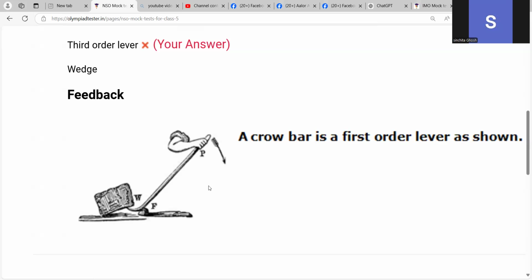And if it were second or third, then what would happen? Any guesses? Anyone? Second or third lever?